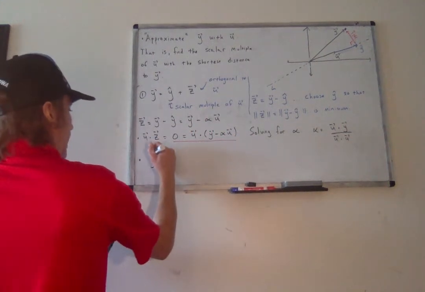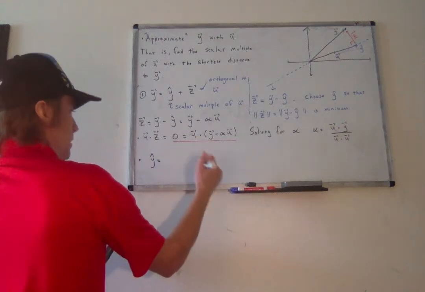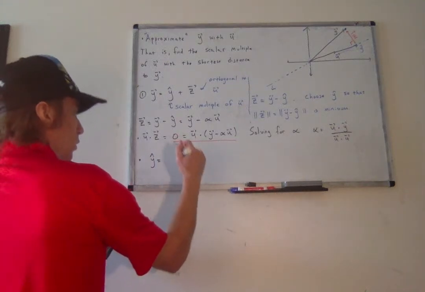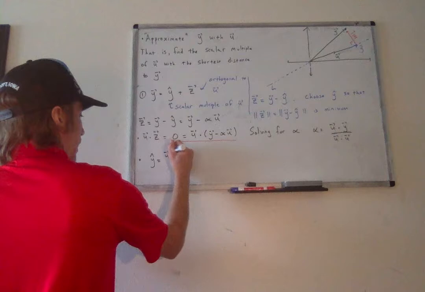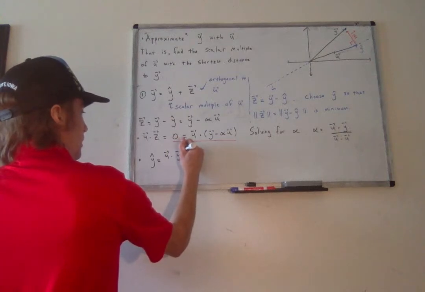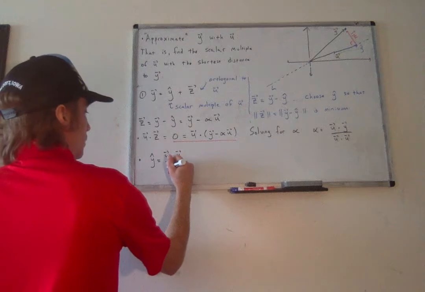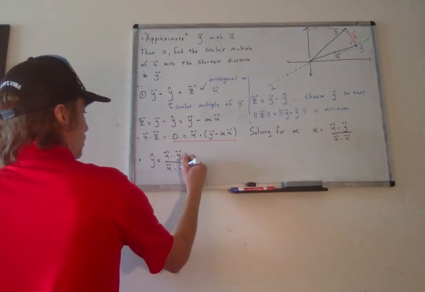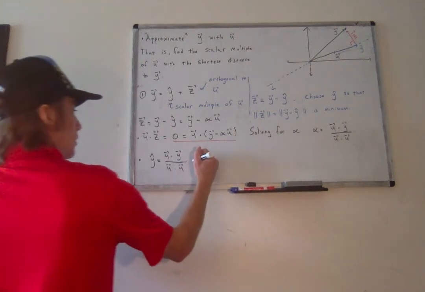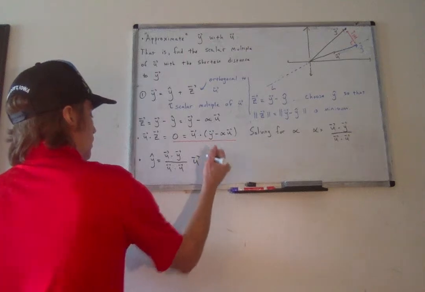And so this is some scalar over some scalar. And so that means y hat, remember, which is the scalar multiple of u closest in distance to y, is the vector (u dot y over u dot u) times u. And so this is a scalar times the vector u.